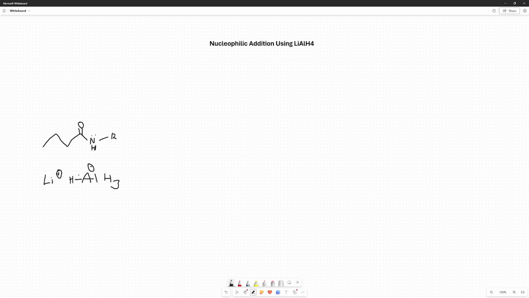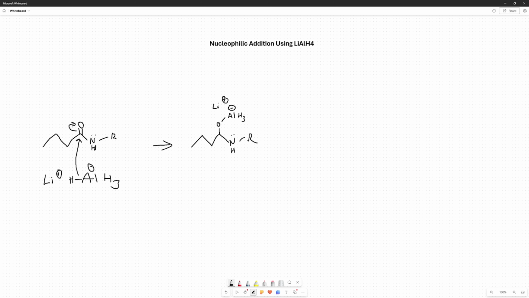So what's first going to happen is there's going to be a nucleophilic attack to the carbonyl carbon, which is going to break the pi bond firstly, and it's going to form this, where we're now going to have a negative charge on the oxygen, and that's going to end up being bound to the aluminium. And sorry, the negative charge is still on the aluminium.